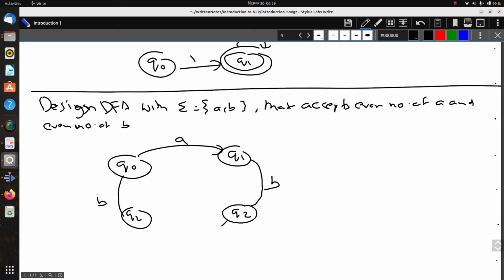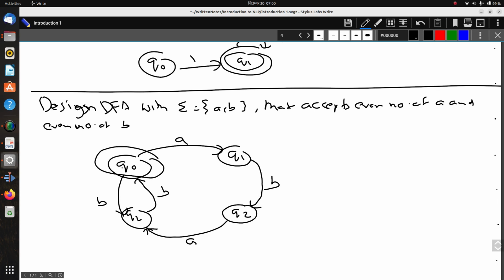But if I get another A here and another B here, okay, also denote the arrow because this will be confusing later on while trying to understand it. So if I have one A, one B, one A and one B, so the total number of A are 2 and the total number of B are 2, which means this can be our final state.